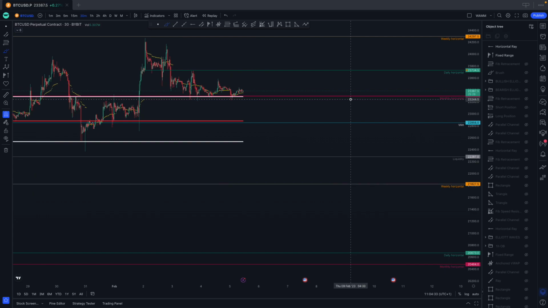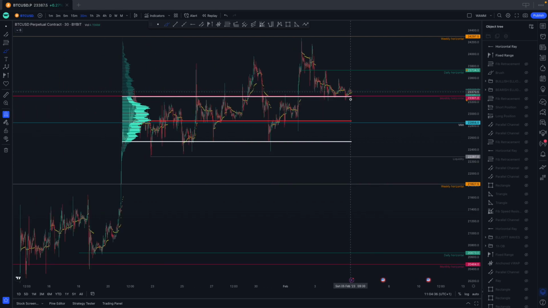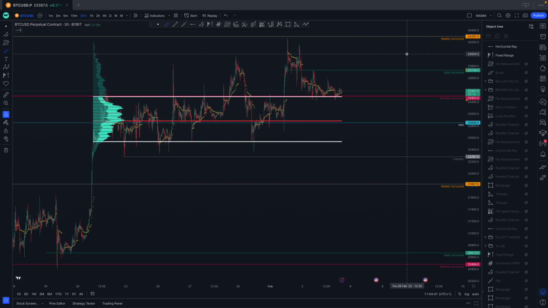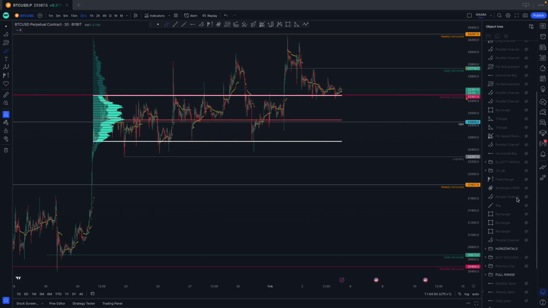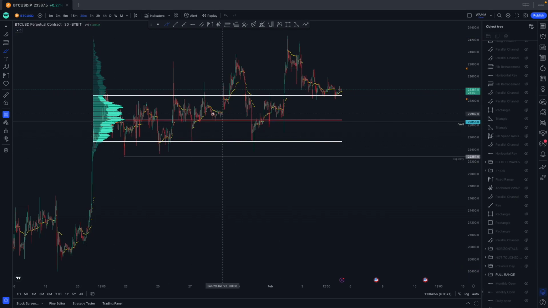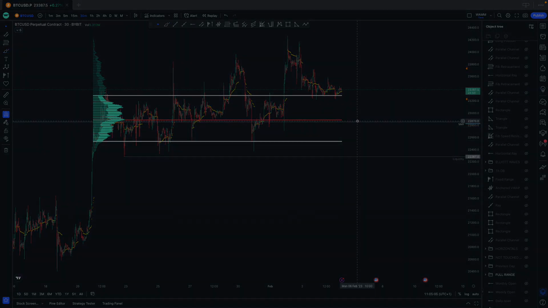We have it here, and that's it. We have the weekly horizontal that we front ran a little bit, but I wouldn't be looking at anything else right now, because all you need for now is to trade this range that we have here, thanks to the fixed range, and you can make money. That's all I would say.